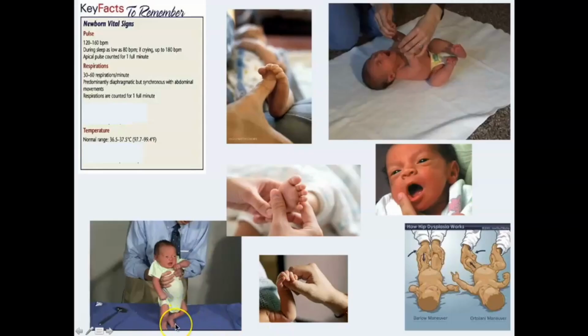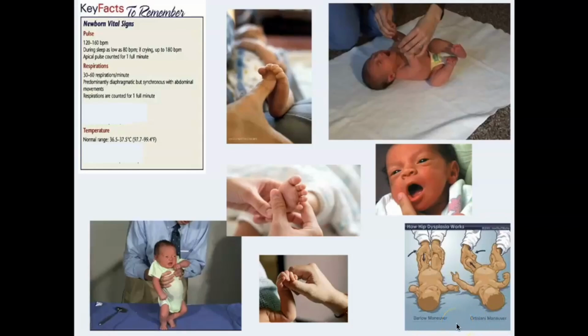But if you were to hold the baby up and have their feet touch a flat surface, they will start to step and lift their legs up. And then this is the Barlow and Ortolani maneuver, showing you how it's done, where their hips are rotated and flexed outward to check for hip dysplasia.